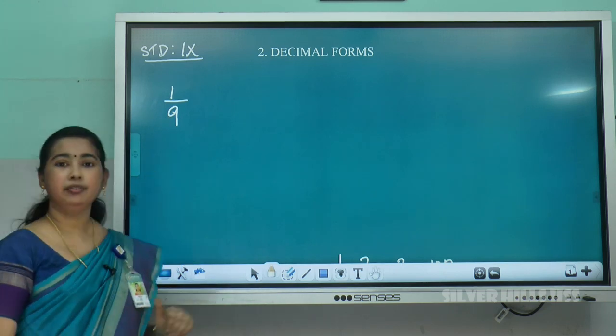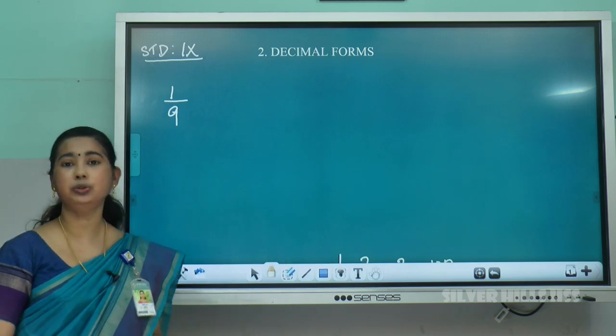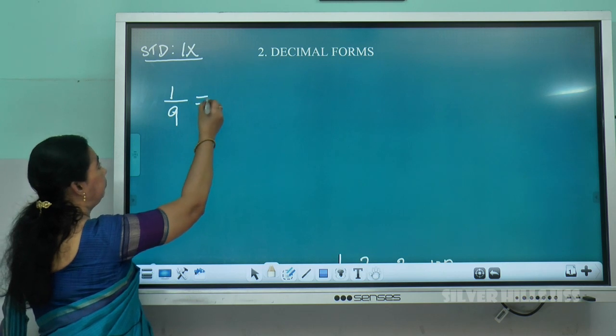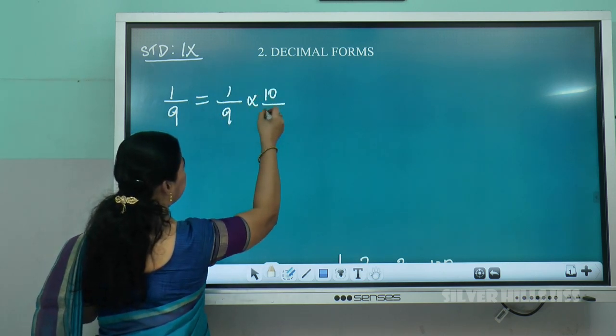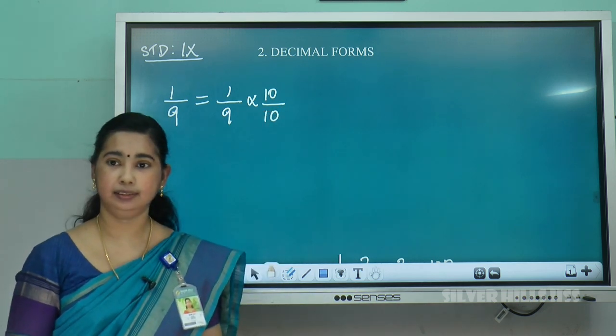In order to convert this 1 by 9 into decimal form, the first step is to multiply by 10 into 10. Both numerator and denominator I have to multiply by 10.